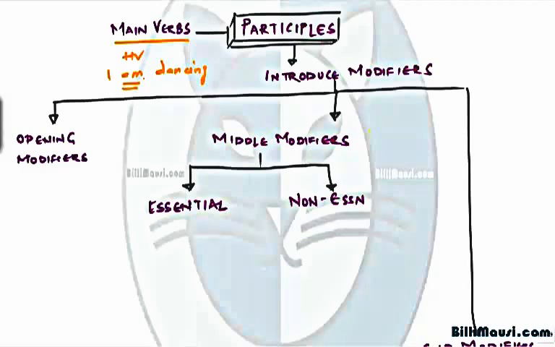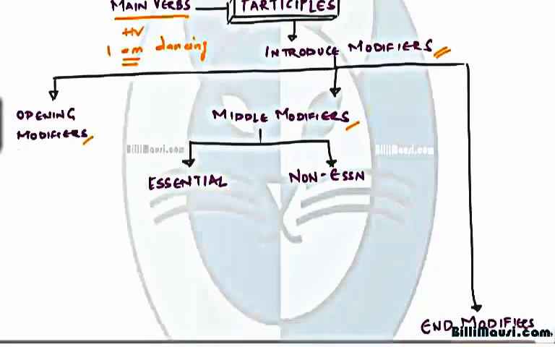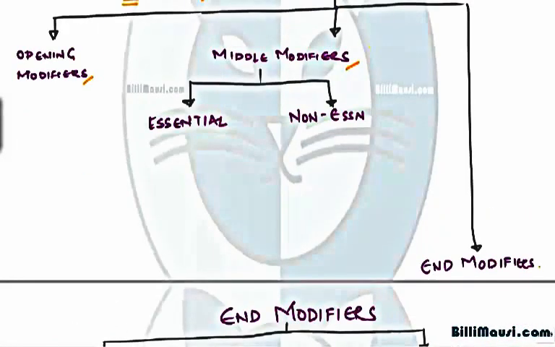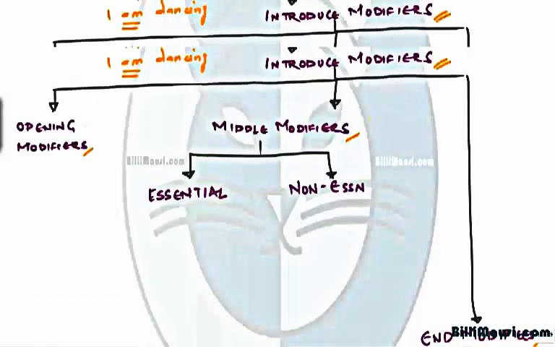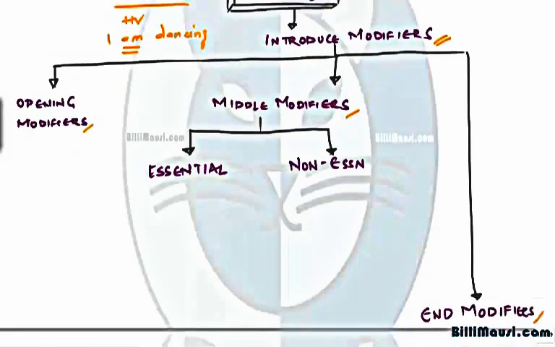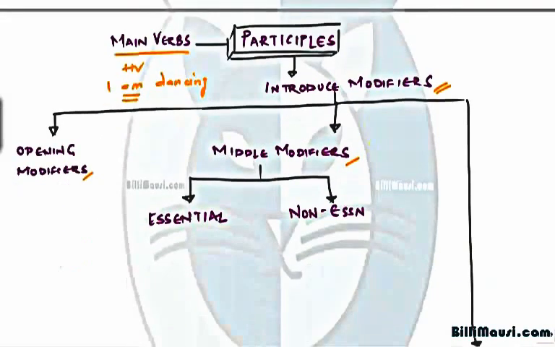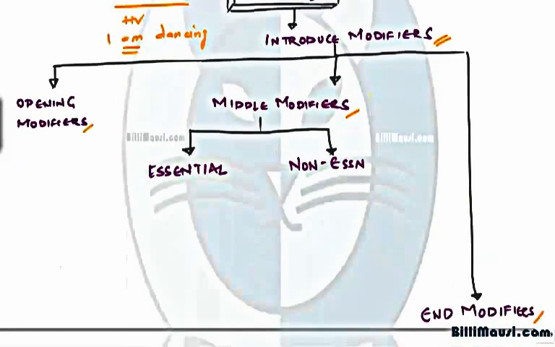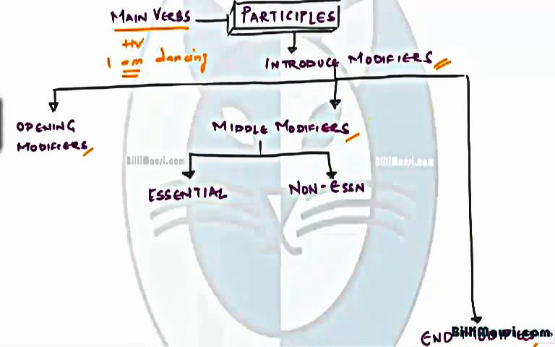Here dancing is the participle and am is the helping verb. So let's move on to the more important aspect, that it introduces modifiers. It introduces modifiers by three methodologies: opening modifiers, middle modifiers, and end modifiers. There's less space, so I'll be discussing end modifiers on the next page. However, you can draw it on the same page if you have a bigger page. Okay.